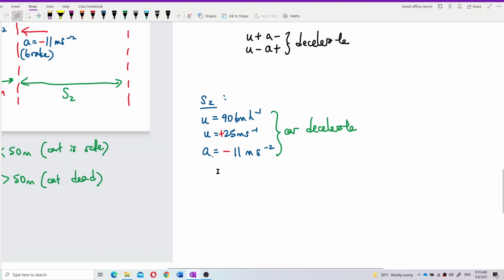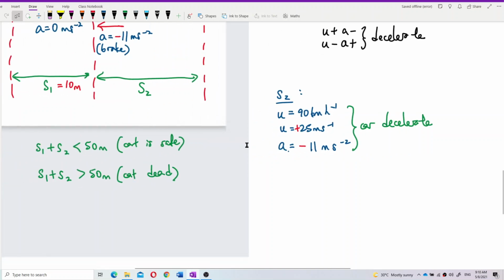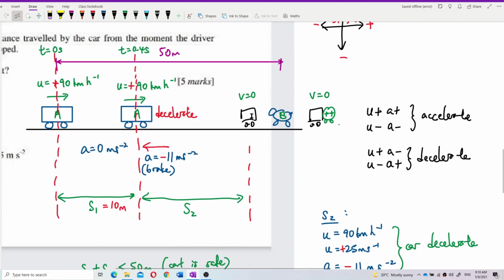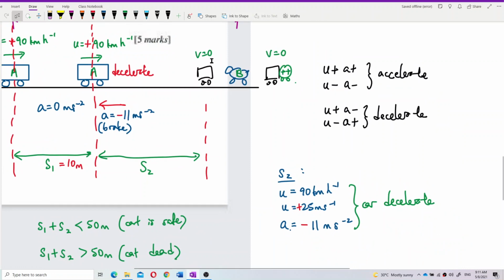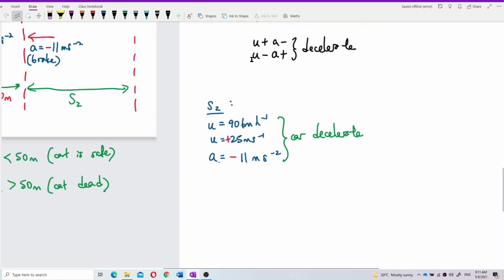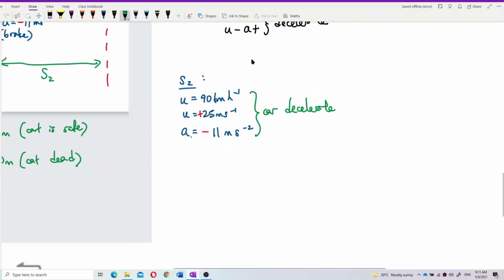We need one more value so that we can find S2. We know that finally the car stopped. We don't know whether it stopped in front of or behind the cat, but we know the final velocity needs to be 0. So we get another piece of information: the final velocity is 0. So let's find S2.